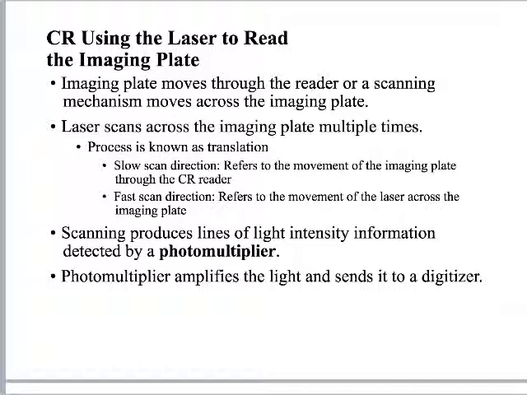The fast scan is pretty much perpendicular to that. It is that laser spinning across it in that raster pattern very quickly. The registry questions I've seen around this process focus on slow scan direction versus fast scan direction. I know that fast scan direction is just my laser scan. Slow scan is the thing moving through the reader.